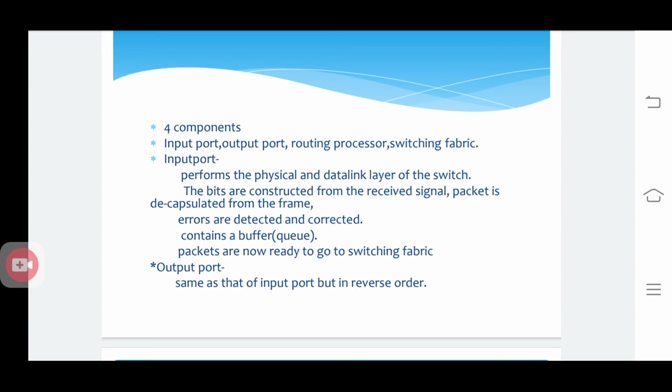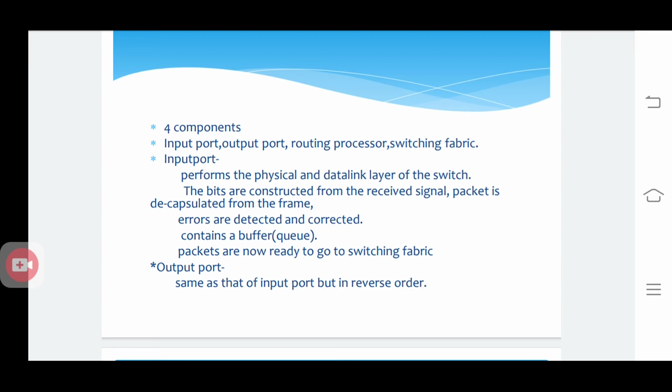The input port performs the physical and data link layer functions of a switch. Here the bits are constructed from the received signal, and the packet is decapsulated from the frame. Errors are detected. It contains a buffer and queue which hold the packets until they are ready to go to the switching fabric.